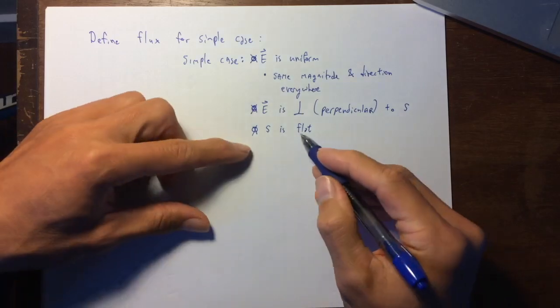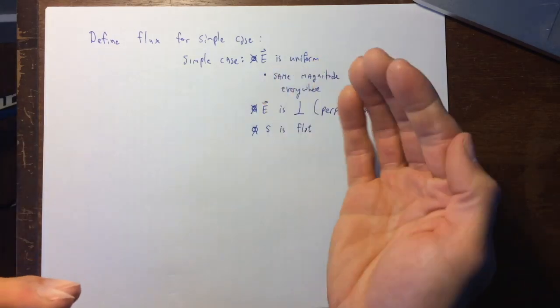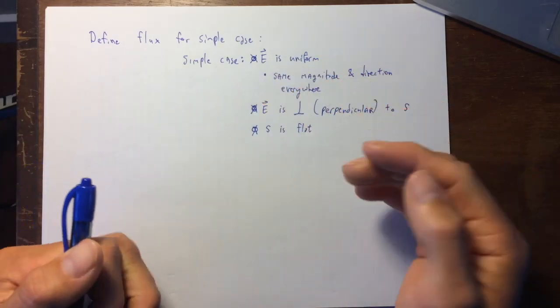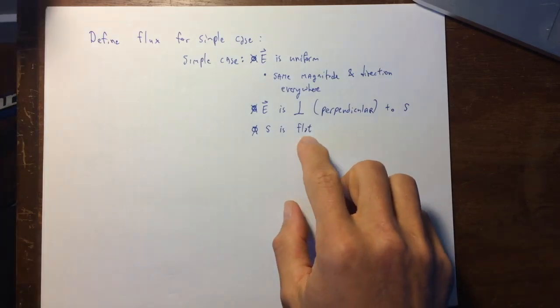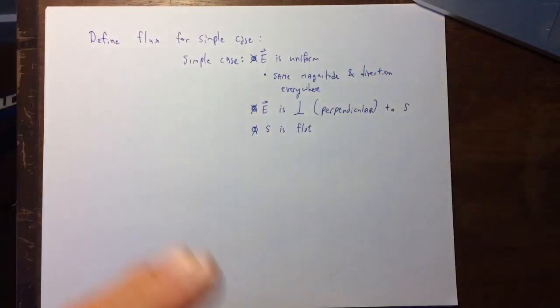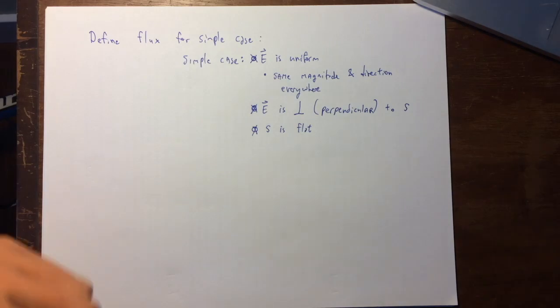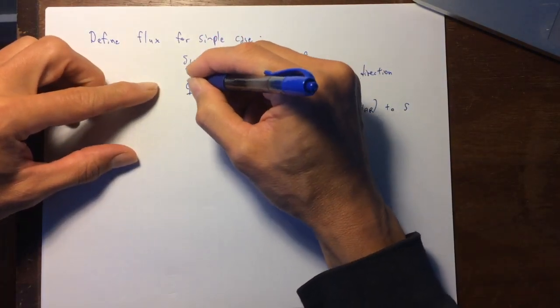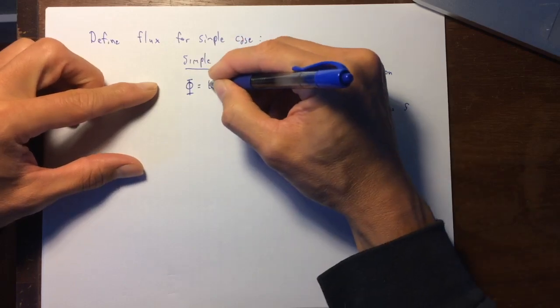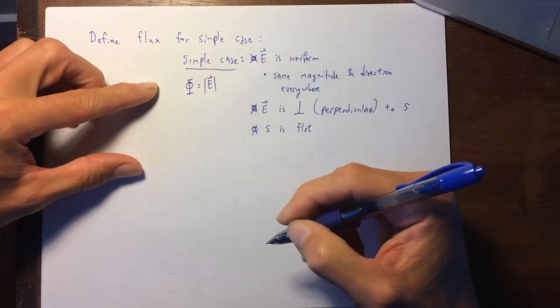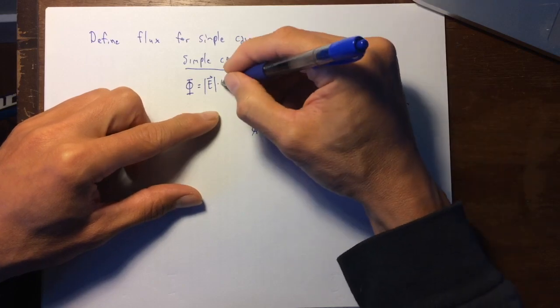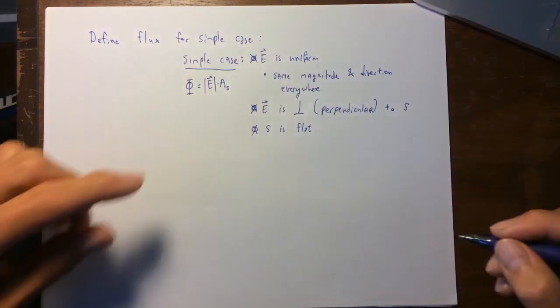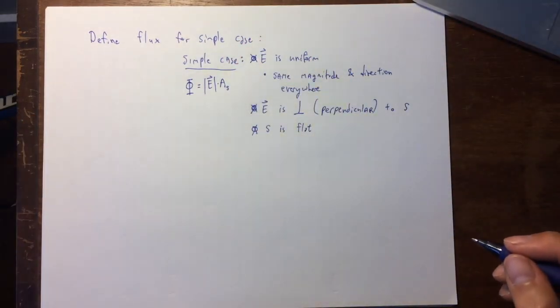That is, S is not some curved surface like a piece of a sphere, but more like a piece of paper that doesn't have any bend in it. In this very simple case, the flux is simply the magnitude of that vector E times the area of the surface S. That's all it is.